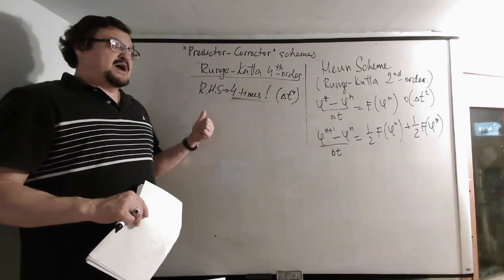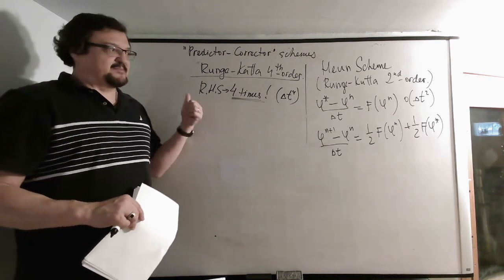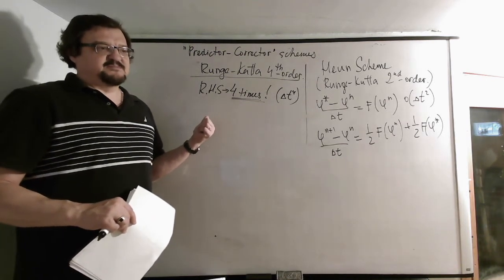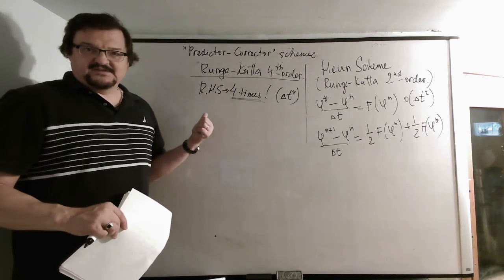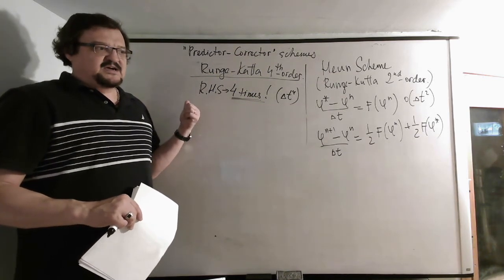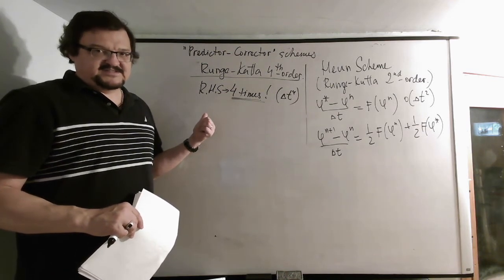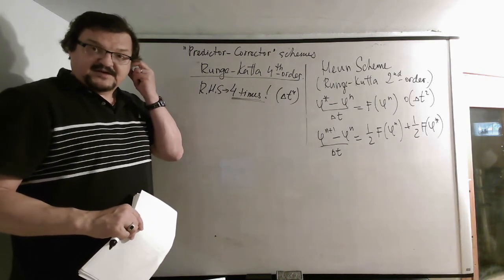One of the reasons why people use it, especially WRF, is that WRF is a compressible model, and a compressible model has sound waves. Remember, in one of the previous lectures, I talked about the stability of compressible models, that they are restricted not just by the wind velocity or advection velocity, but mostly by the speed of sound.